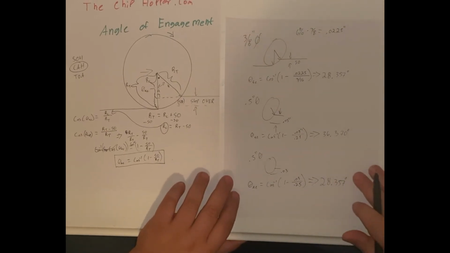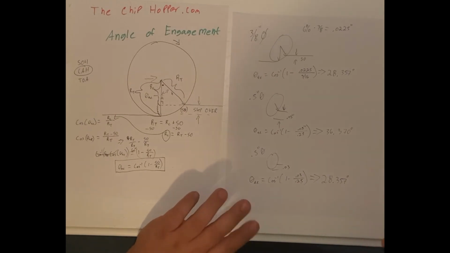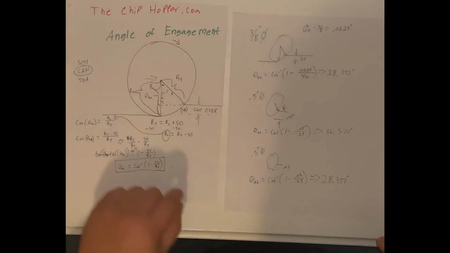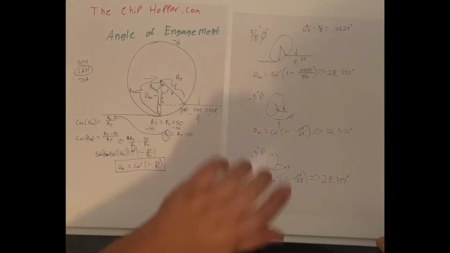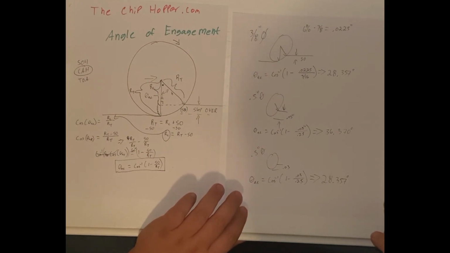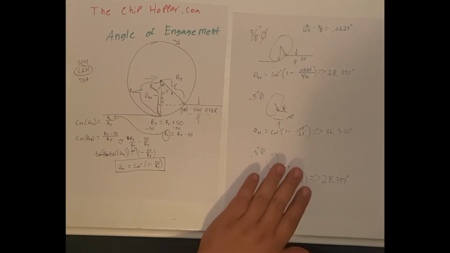Anyways, I hope you find this video helpful. In the next video, I'm planning to calculate a relationship between the step over and a minimum corner radius. This can be pretty helpful if you're dealing with really simple tool paths.